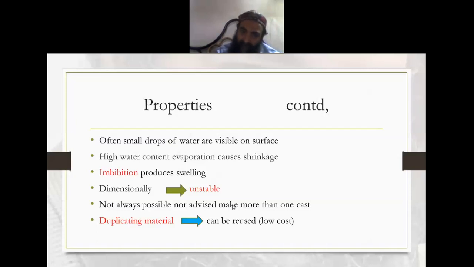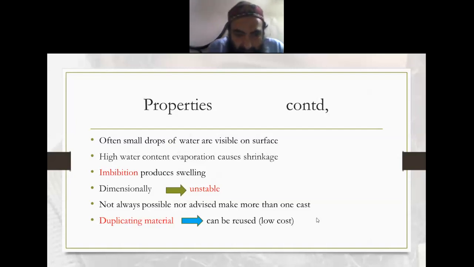Dimensionally, it is again unstable, due to the uptake of water, the outgoing of water, or evaporation of water content. It is not always possible, nor advised, to make more than one cast. It is always advised to make only one cast. Why? Because the gypsum product has some water, and on its setting it can also draw water from the agar material. So not more than one cast is advisable.